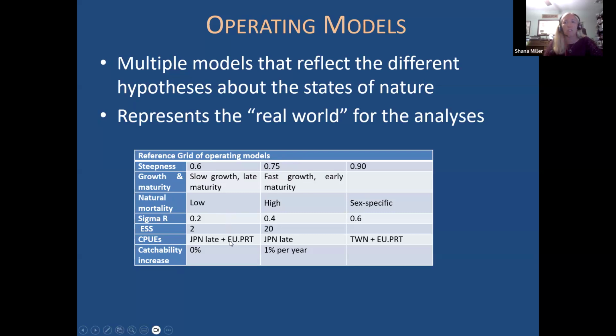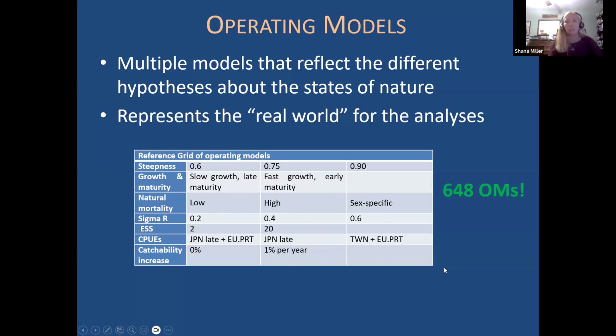And each of those uncertainties has up to 3 different options of what could be true, what could be real. And so we take this grid and we do all of the combinations of the different options in this grid, which is, back to high school math, 3 times 2 times 3 times 3 times 2 times 3 times 2 for all of the combinations. And we end up with 648 operating models.